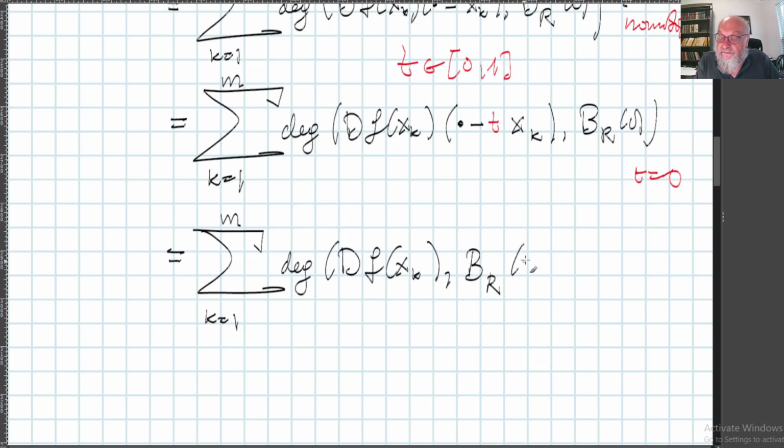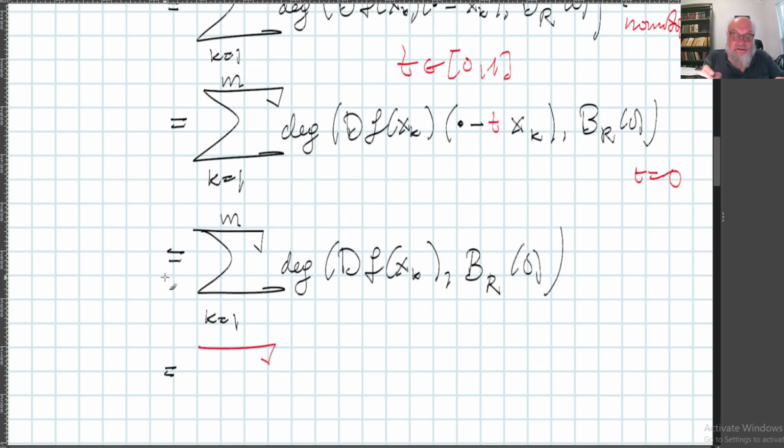And now we have the formula that this degree, if the determinant of the derivative is positive, so it will be 1. If the determinant of this derivative is negative, so it will be negative 1. So we can rewrite it down. So I don't need this.